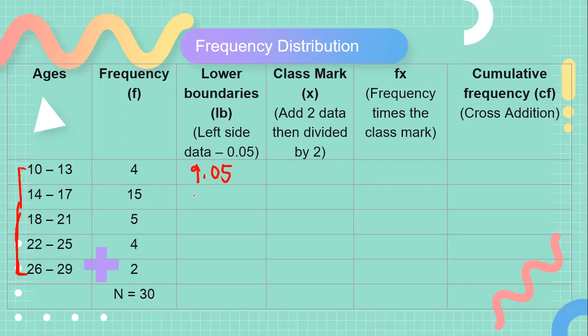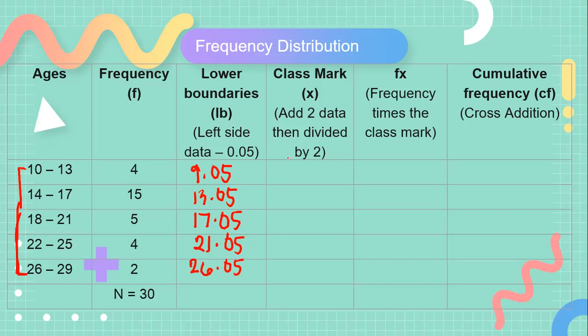Then 14 minus 0.5 is 13.5. Then 18 minus 0.5 is 17.5. Then 22 minus 0.5 is 21.5. Then 26 minus 0.5 is 25.5.